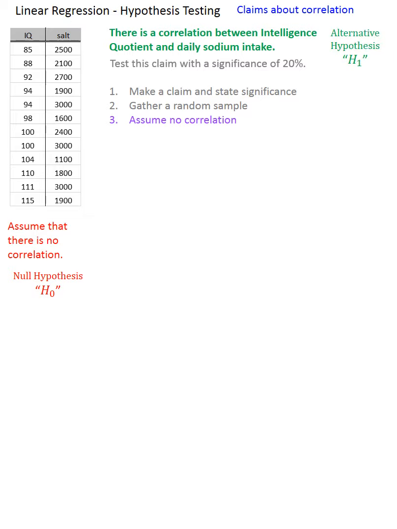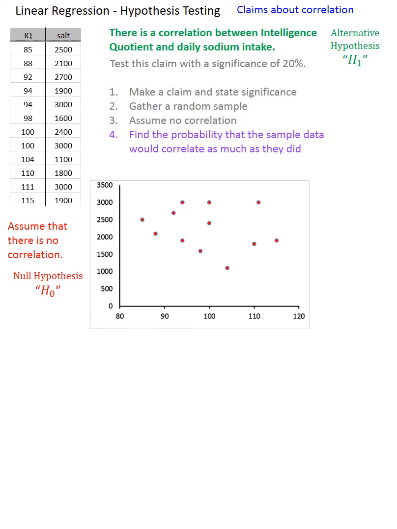That assumption is called our null hypothesis, and we want to use it as a mechanism to accept the alternative hypothesis if the data in this table that we've collected is strong enough to show that. Same plan as before, we're going to find the probability that the data could have been as linear as it is by accident, if there were in fact no correlation.